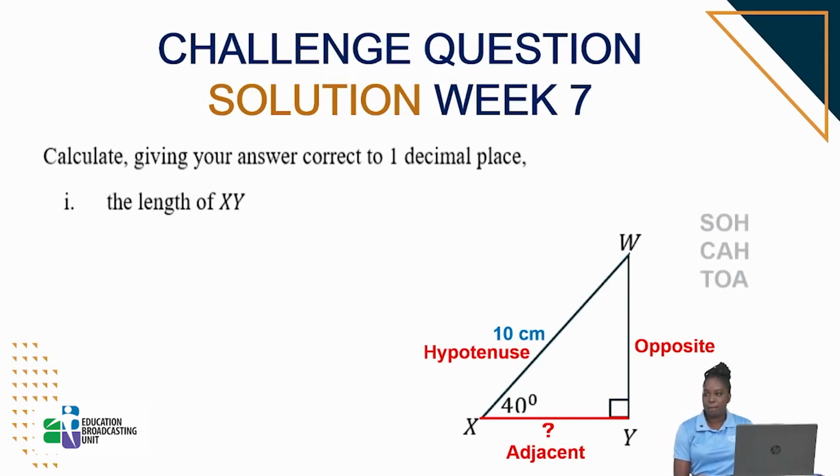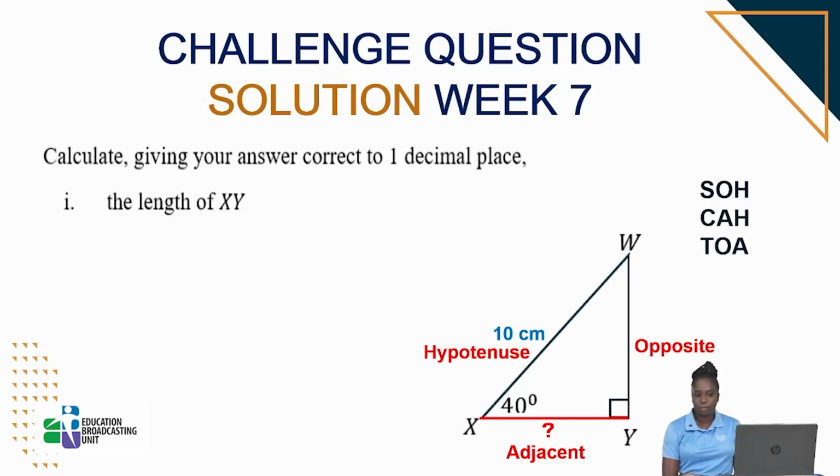So we'll have to remember our trig ratios, sine, cosine, and tangent. Now, XY is the adjacent, and 10 centimeters is our hypotenuse. So which of the three ratios talk about adjacent and hypotenuse? Of course, that's the cosine angle.